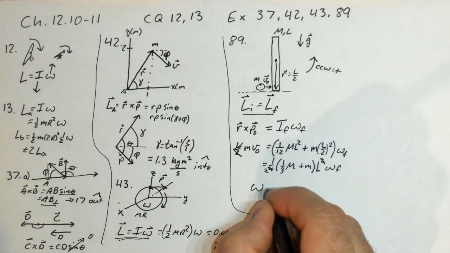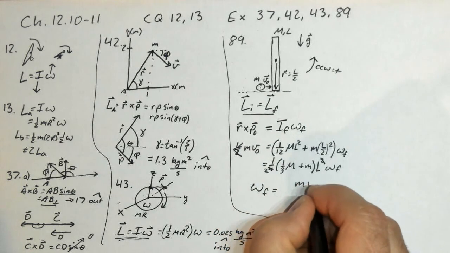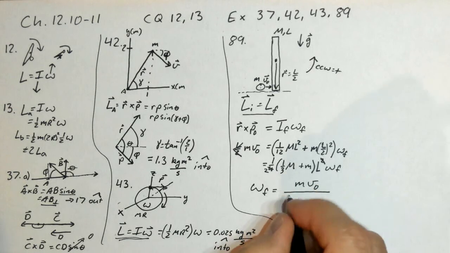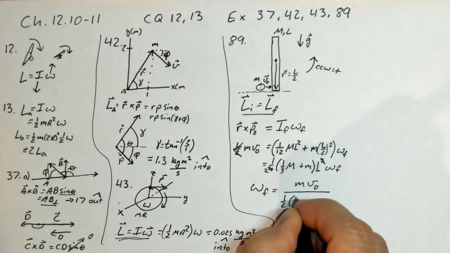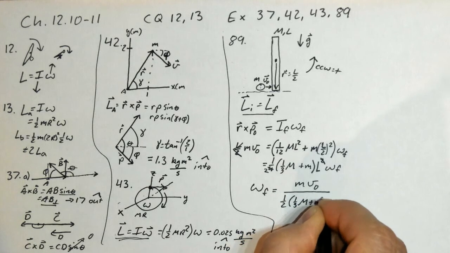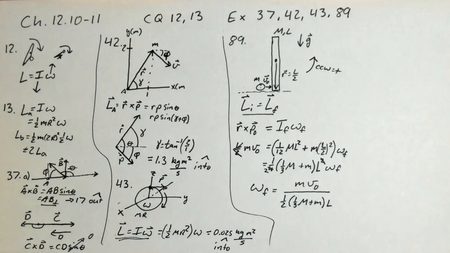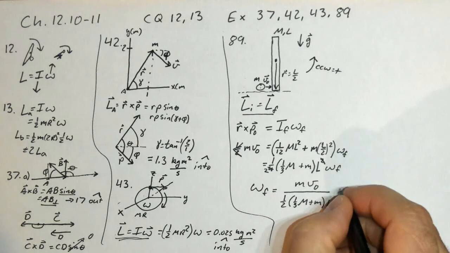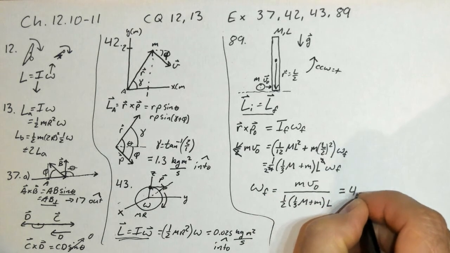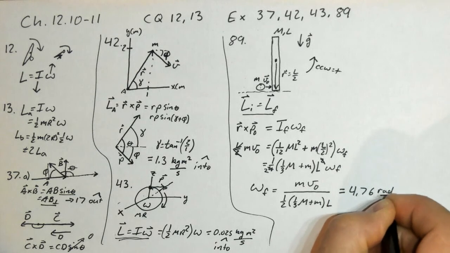So solving for omega final, I have m v_0 divided by (1/2 (1/3 M plus m)) times L. If we think about this, I have mass divided by mass, so kilograms cancel out. I have meters per second divided by meters, so I'm left with 1 over seconds, which is the correct unit for angular speed. If I plug in my numbers, I'll get 4.76 radians per second.